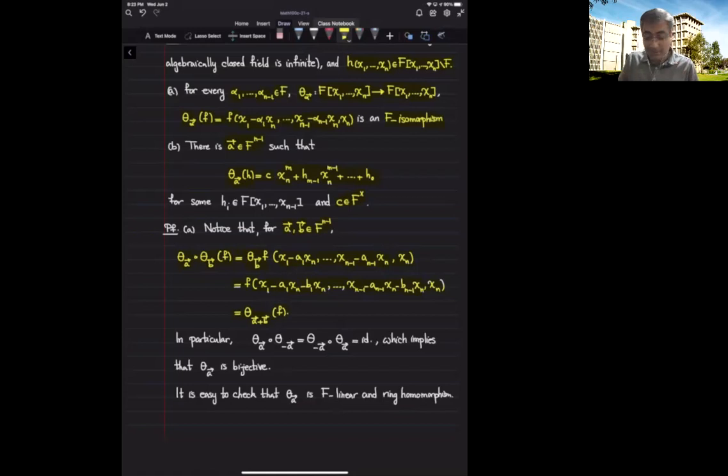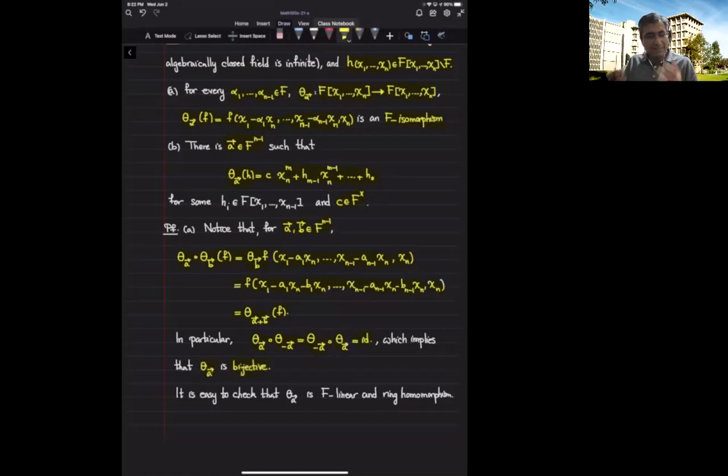In particular, if I compose theta sub a with theta sub negative a, or if I compose theta sub negative a with theta sub a, in both cases I get theta sub 0, which means the identity map. That means both of these are inverses of each other, and so this is a bijection.